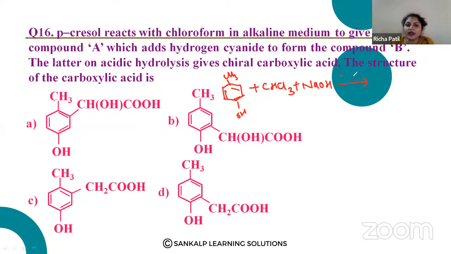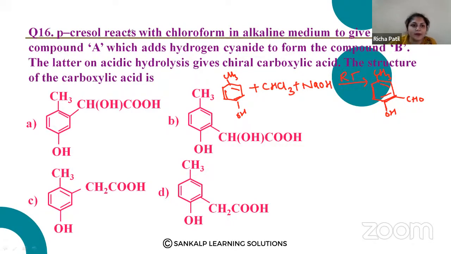It will undergo a Reimer-Tiemann reaction. What happens in the Reimer-Tiemann reaction with respect to your OH group? An aldehyde group will come at the ortho position to OH. Remaining will be the same. This gives you compound A.